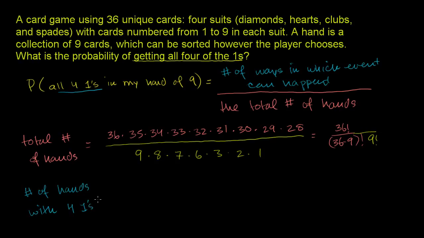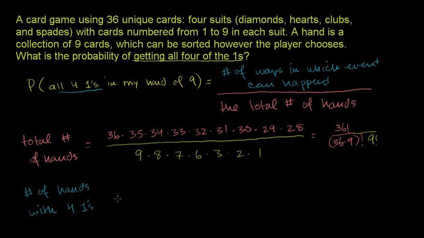And just as a little thought experiment, imagine if a hand only had 4 cards in it. Then the number of ways to get a hand with 4 ones, there'd only be one way, one combination. You just have 4 ones. That's the only combination with 4 ones if we were only picking 4 cards.